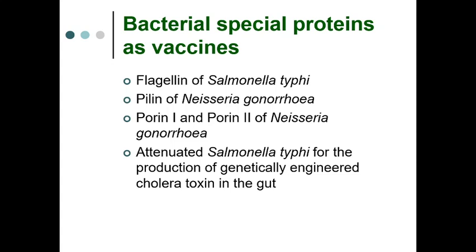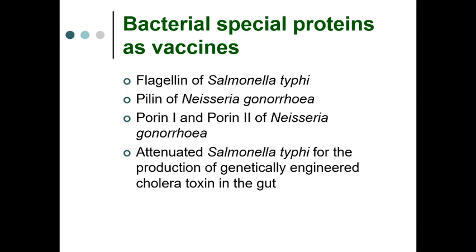Another subunit vaccine is produced by using attenuated Salmonella typhi for the production of genetically engineered cholera toxin.